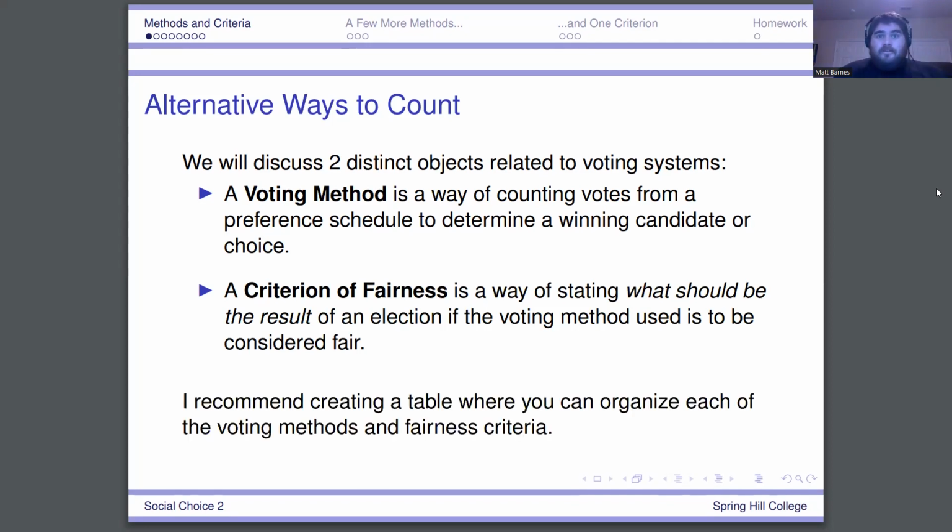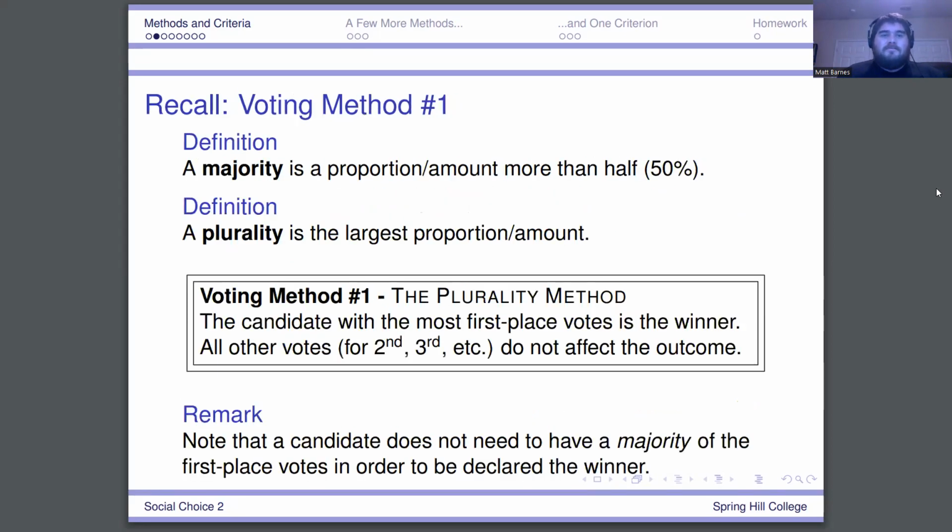One thing I strongly recommend as you go through this video, it will help you tremendously later on: we're going to have a bunch of different voting methods and a bunch of different criteria for fairness. So keep a separate sheet of paper. Every time one comes up, write it down, and that way you have it all collected in one spot, because that will make your life so much easier as we continue to talk about this stuff.